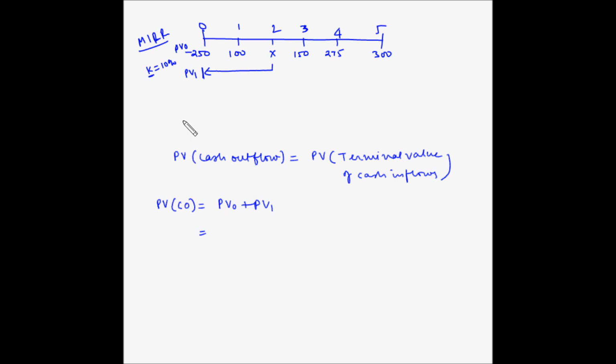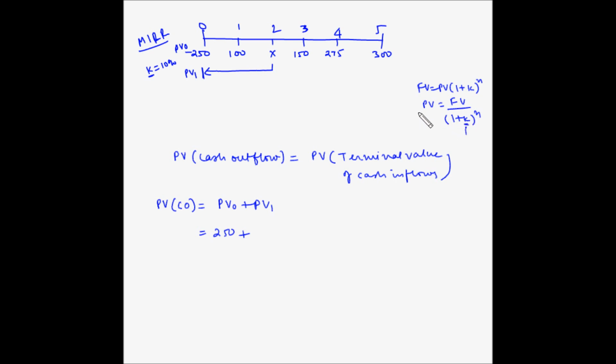Now PV0 is 250. I'm taking the absolute value. I'm not taking the negative sign because negative sign is just an indicator which tells us that this is a cash outflow. Plus PV1. Now we know that future value is equal to present value into 1 plus K to the power N, or PV is equal to FV divided by 1 plus K to the power N. Generally this K is actually I in the formula.